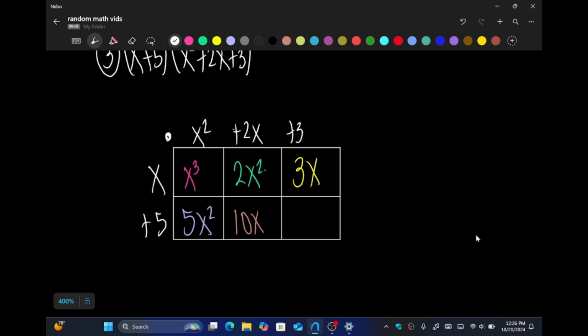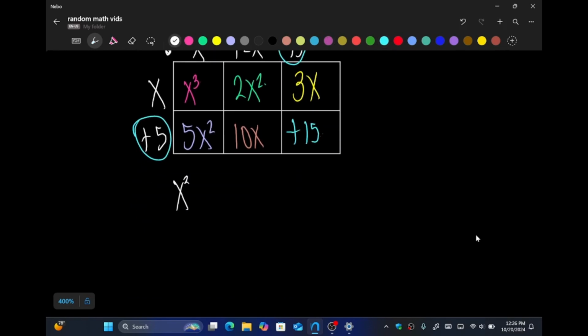And then lastly, we would say plus 3 times 5, which is plus 15. I hope y'all can read these colors. Maybe I should probably do this. There we go.